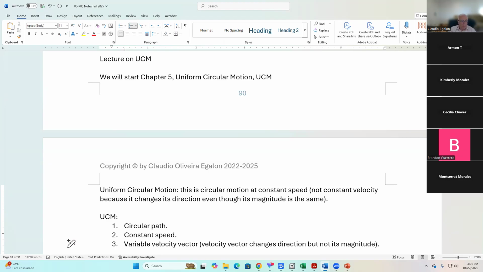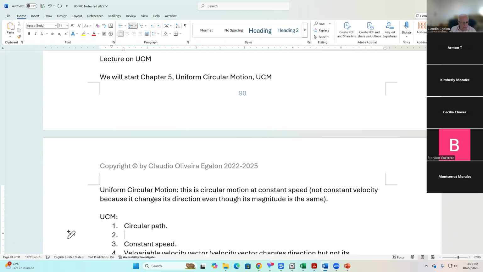Circular path, constant speed. A circle of radius r.